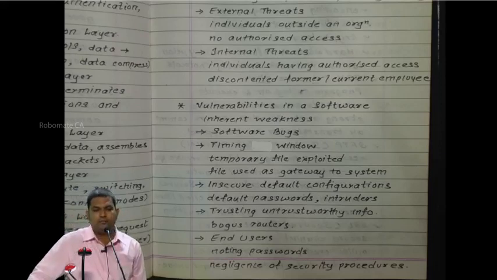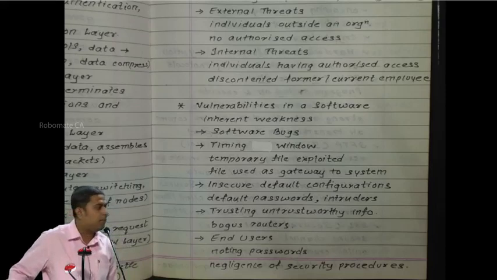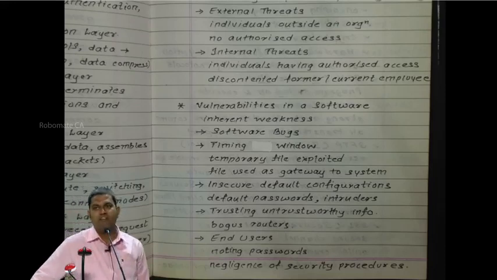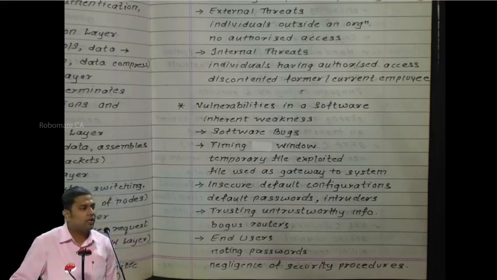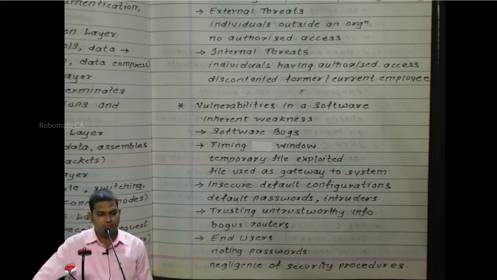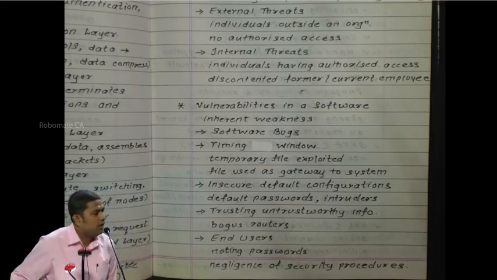We are beginning with the next topic that is called Network Security Protocol. We have now learnt about what the various threats to a network are and in what way software can be vulnerable.